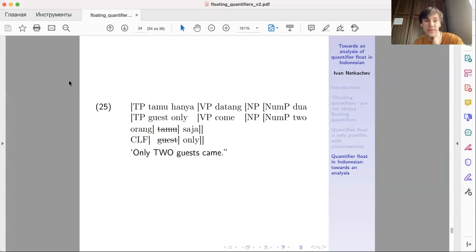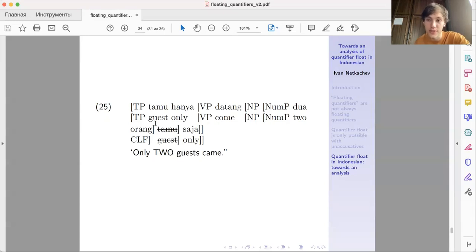So let us consider the example in 25. Here you can see that the noun phrase dua orang tamu, two guests, is base generated VP internally as a complement of the verb datang, come. After that, the noun tamu gets topicalized and it moves to a position where topics occur.